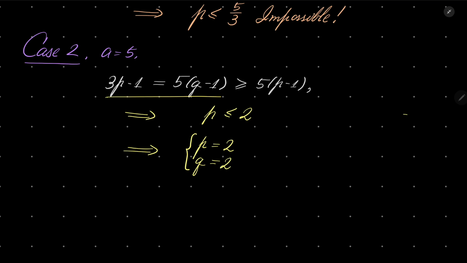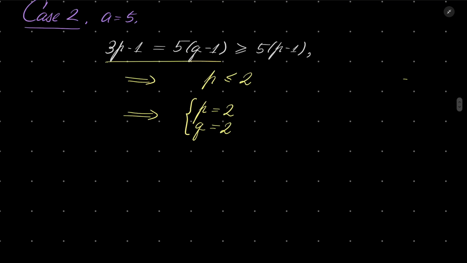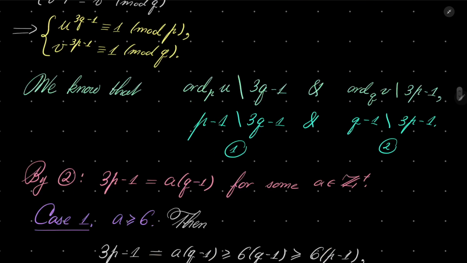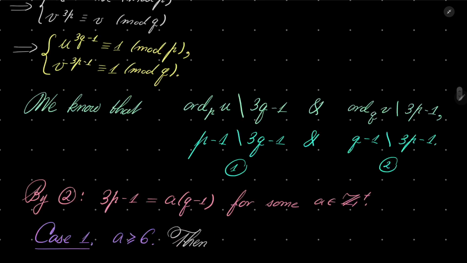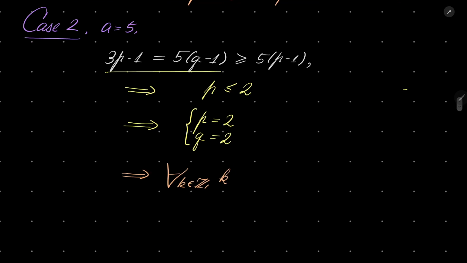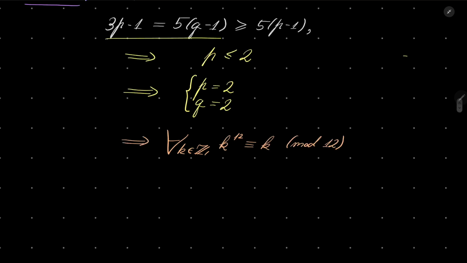Well, is it possible for this to be a case? Well, no, because that means that for every integer k, it should be the case that k to the power, let's go back, 3 times 2 times 2, which is 12, should be congruent to k modulo 12. And this is obviously not true.